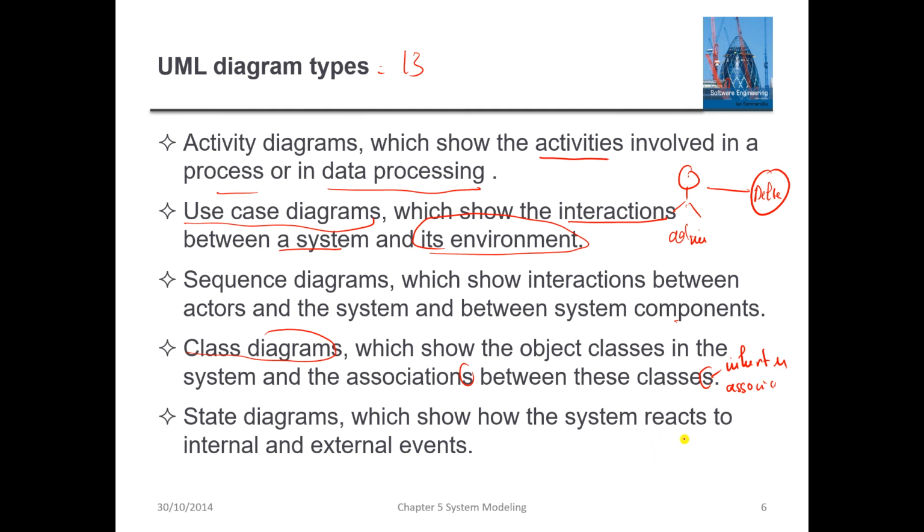We have the class user as the parent and some children, for example admin. State diagrams show how the system reacts to internal and external events. So the state is based on events. So we have five diagrams.